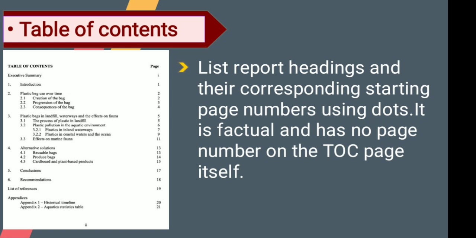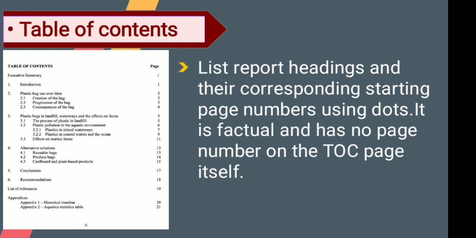Table of contents. The table of contents, or TOC, acts as a roadmap for the entire report, guiding the reader through its structure and organization. It lists all major headings and subheadings within the report, along with their corresponding starting page numbers.